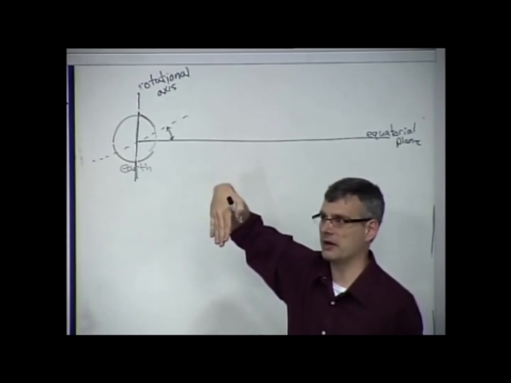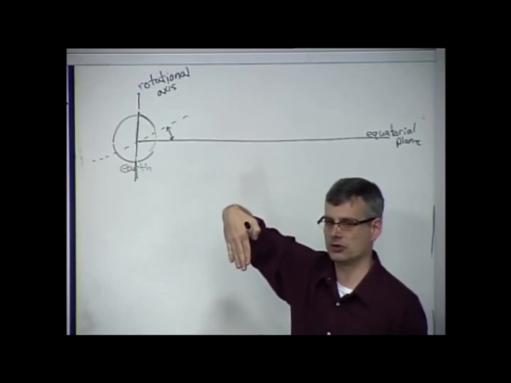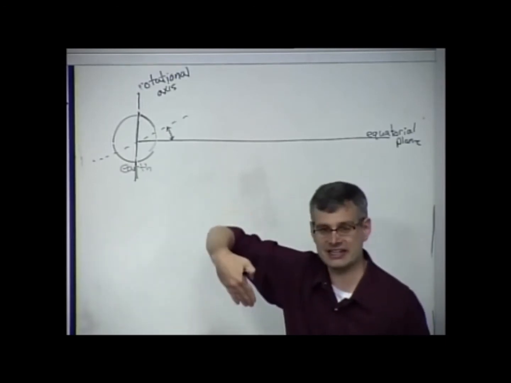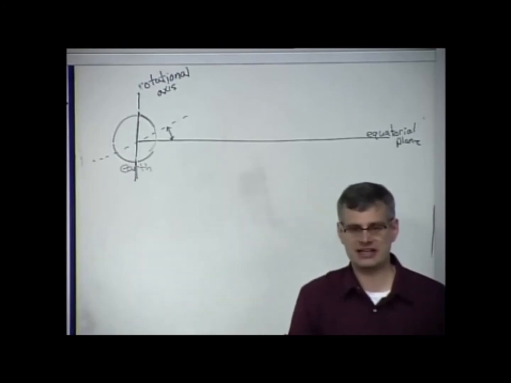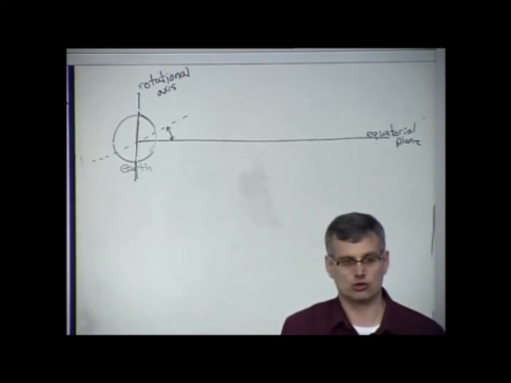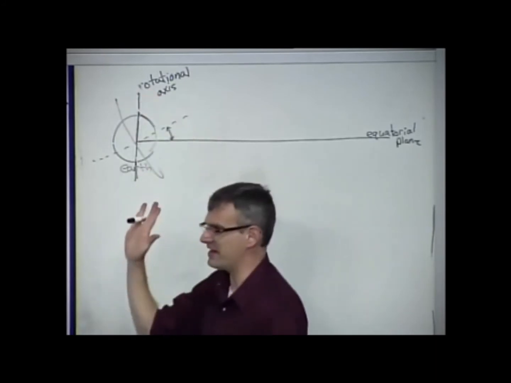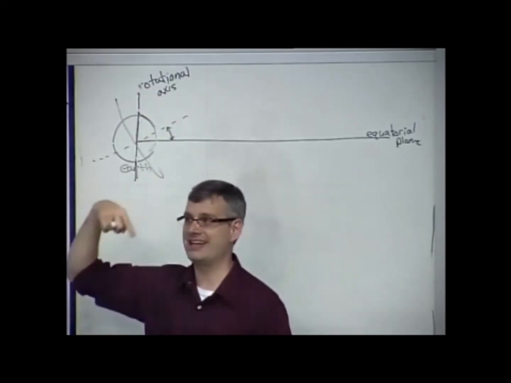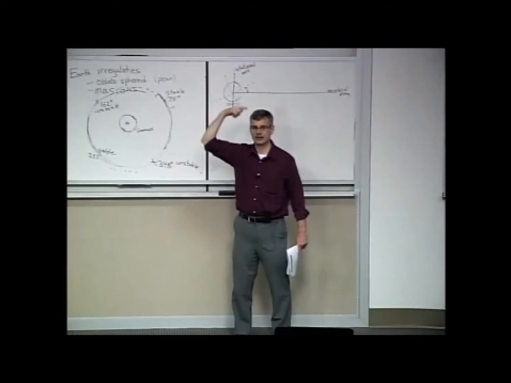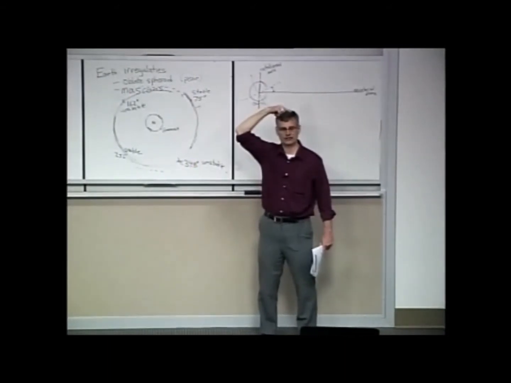You can go all the way up to 90. That puts you on the poles. And you can even go past 90. If you've gone past 90, we call that orbit retrograde, because effectively what you're doing is now rotating against the rotation of the Earth.